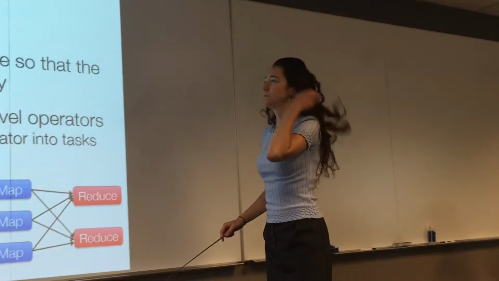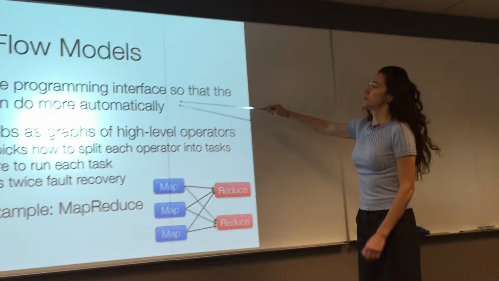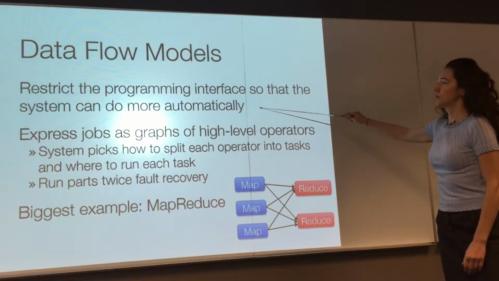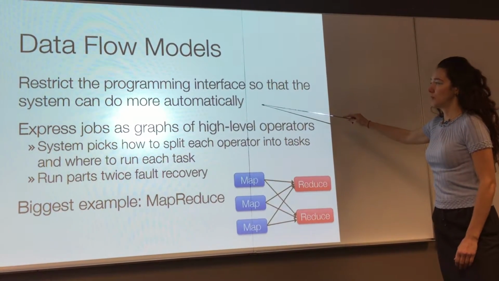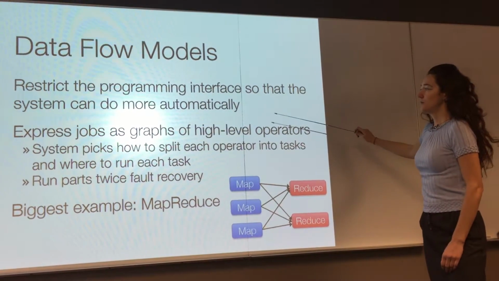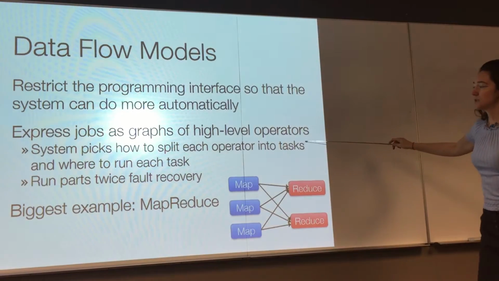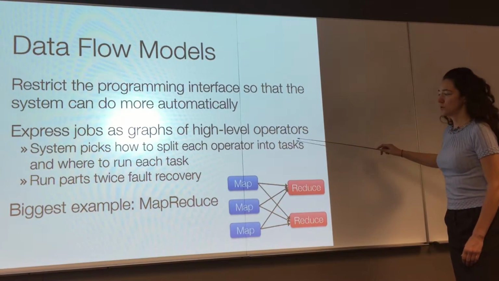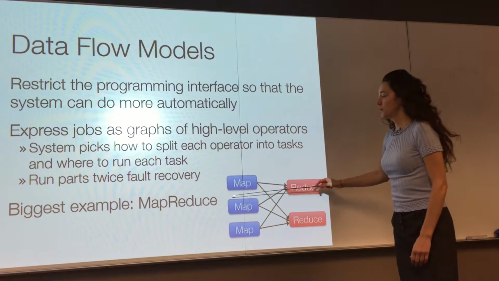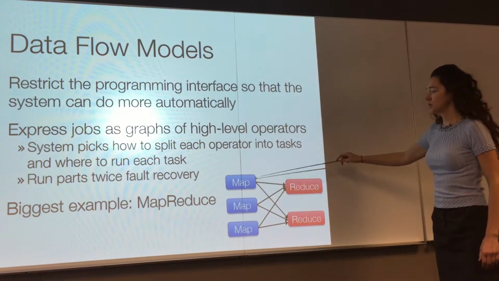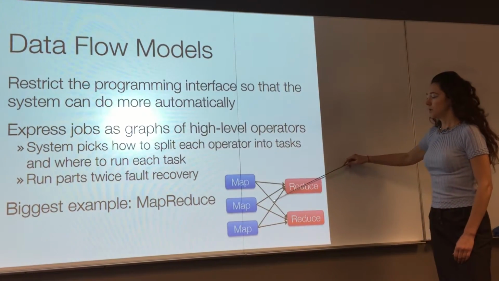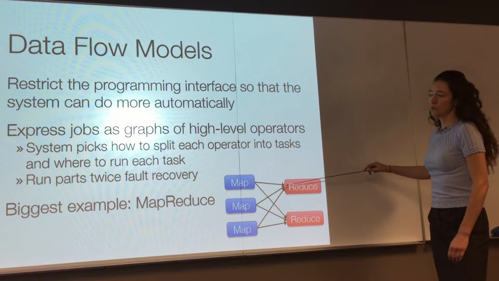So what MapReduce did, we have already seen. It restricts the programming interface so that the system can do more automatically. And we can express jobs as graphs of high-level operators. So we have the mapping function and the reducing function, and each mapper can use one or more reducers.